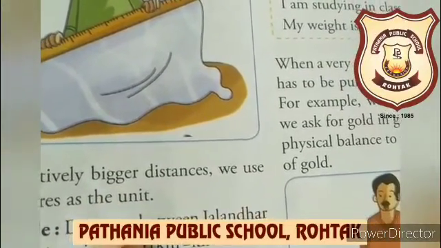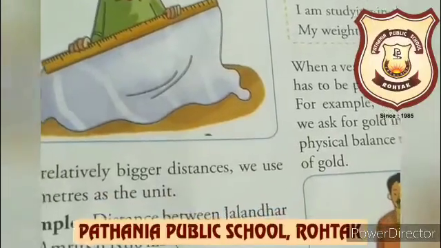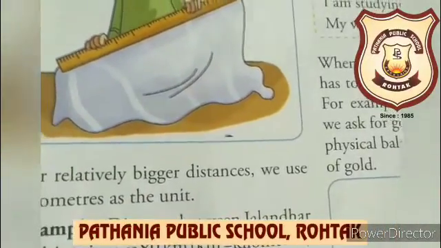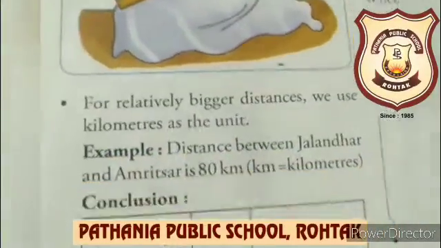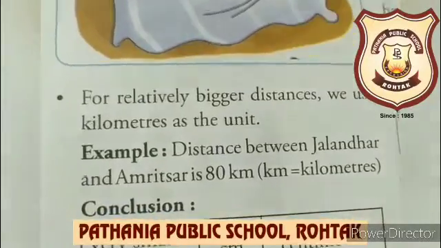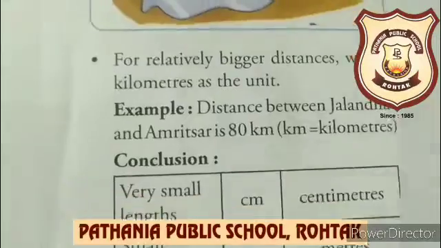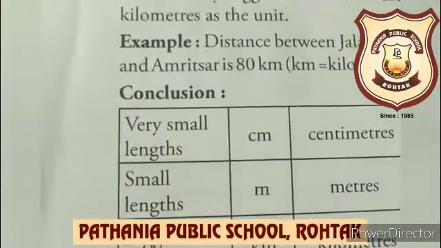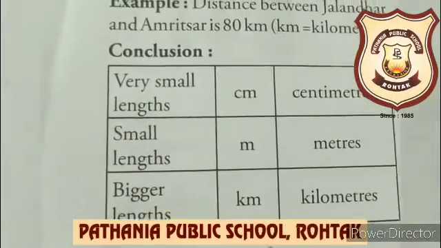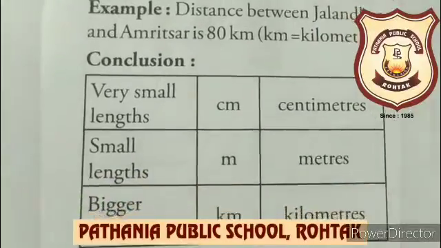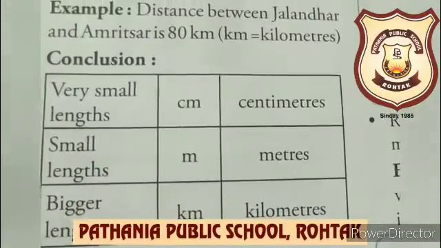Centimeter is the unit for measuring small lengths, whereas longer lengths are measured in meters, and we measure distances between places in kilometers. Lengths are measured using measuring tape, meter rods and rulers. Very small lengths in centimeters, small lengths in meters, and bigger lengths in kilometers.